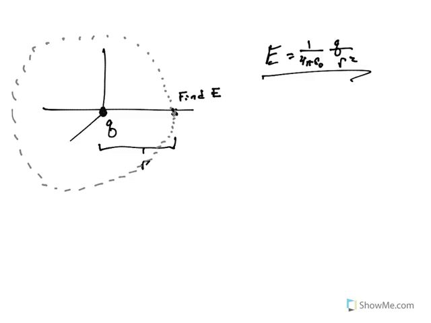So we have X, Y, and Z directions. So we have this sphere that I drew around my charge Q. Q is at the center of the sphere. And the radius of the sphere is such that the surface of the sphere goes through the point I'm interested in.